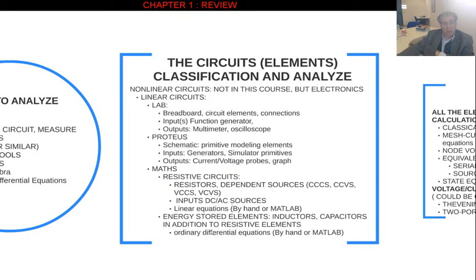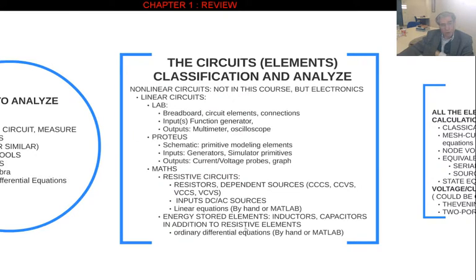The other group is energy stored elements included circuits, in addition to the resistive elements. When inductors and capacitors come in, the definition relations of these elements have derivatives. Because of the derivative, the equations that we are going to write are ordinary differential equations.